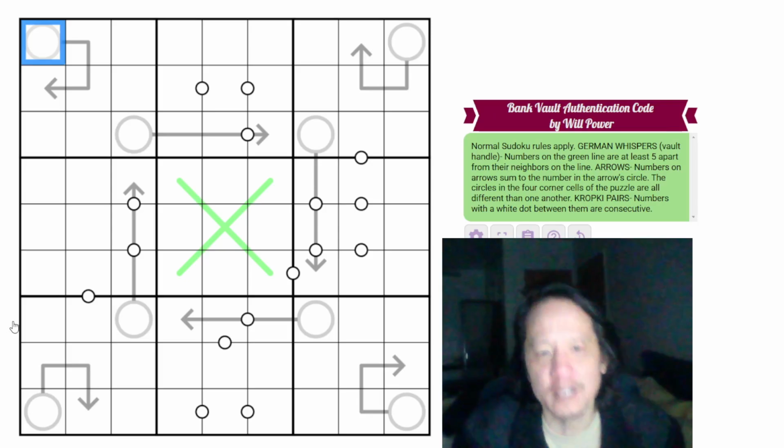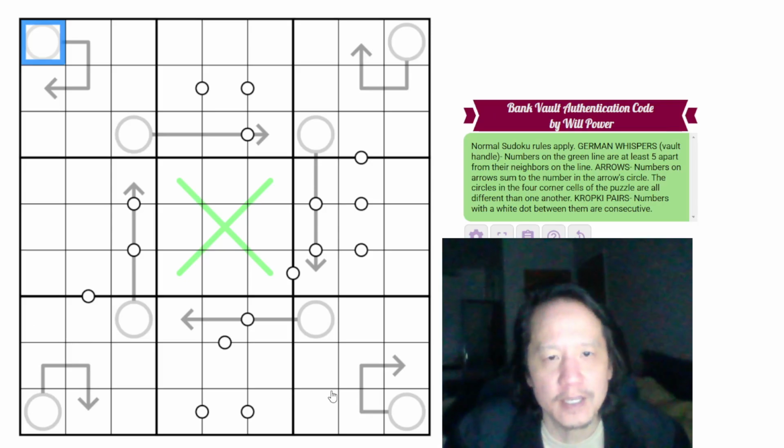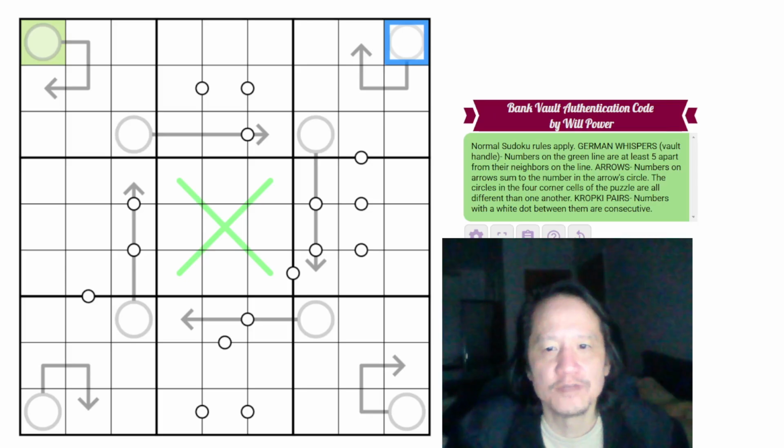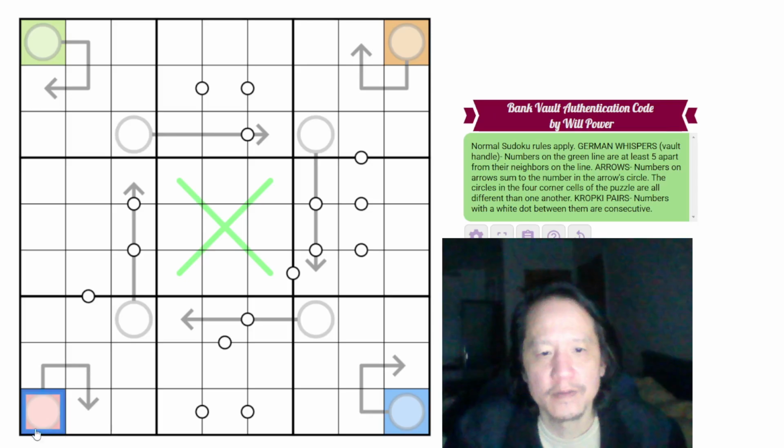So therefore, each one of them has to be in each of the corners. So this has to be uniquely different from this, which is uniquely different from that, which is uniquely different from that. And they're all 6, 7, 8, or 9.